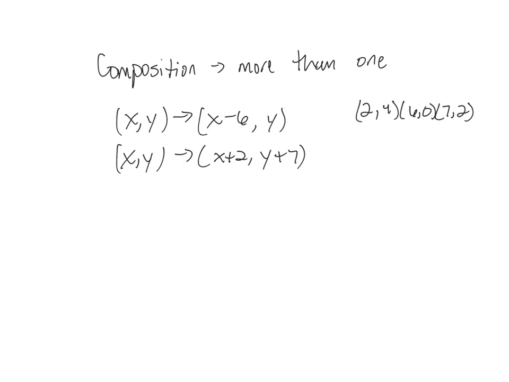So it means the same thing to do this. Combine these together. -6 plus 2 is -4. A y or an x by itself just means don't do anything. Leave it alone. So don't go any direction different in the y. So then really we're going to do y plus 7.